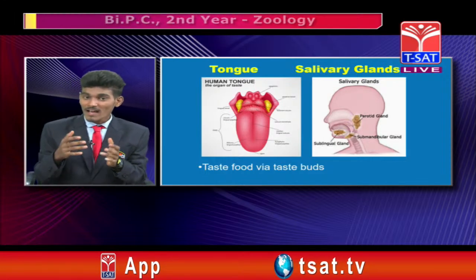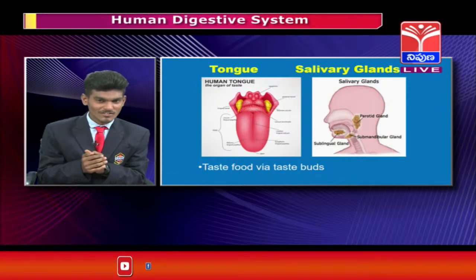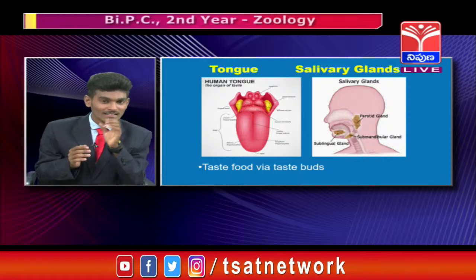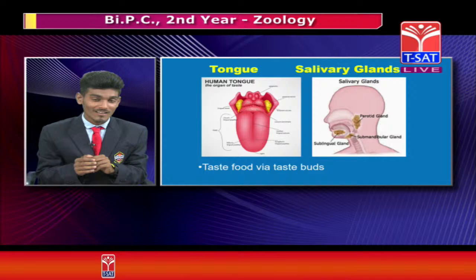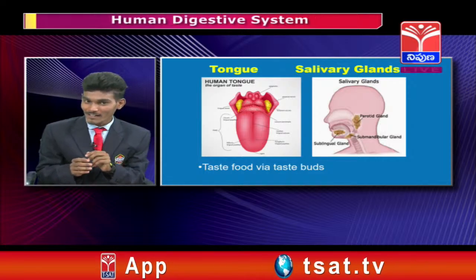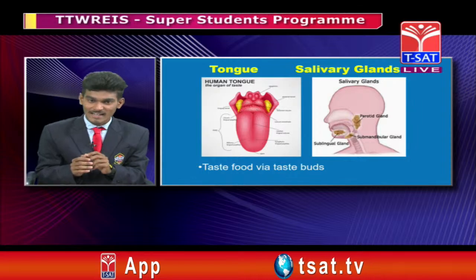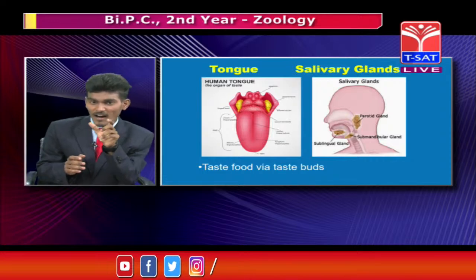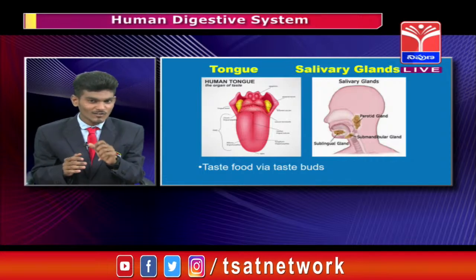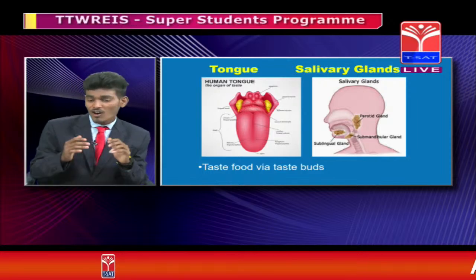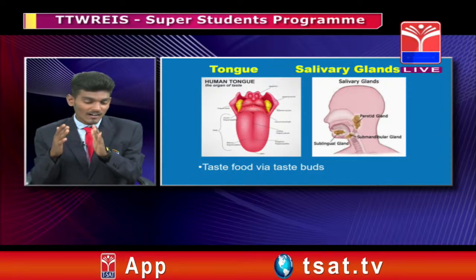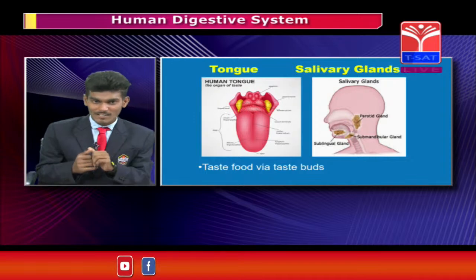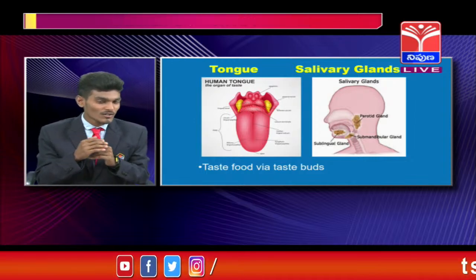The saliva juice contains two enzymes. How many enzymes are contained in saliva juice? They are salivary amylase or ptyalin and lysozyme enzyme. Salivary amylase acts on carbohydrates. Carbohydrates are converted into maltose with the help of the amylase enzyme.